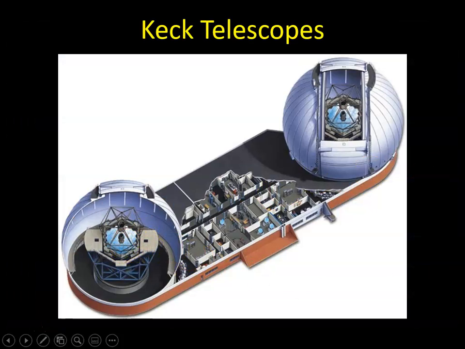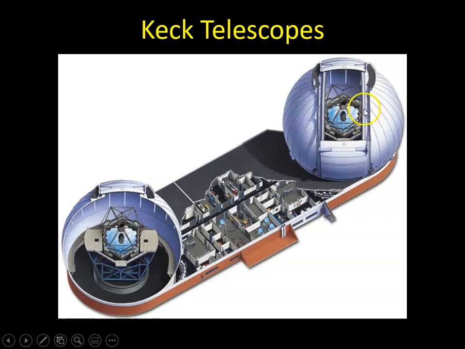They're also separated by 85 meters so that you can use a computer to perform interferometry techniques so that you can obtain a much better angular resolution for your image because these are linked together over a larger distance.